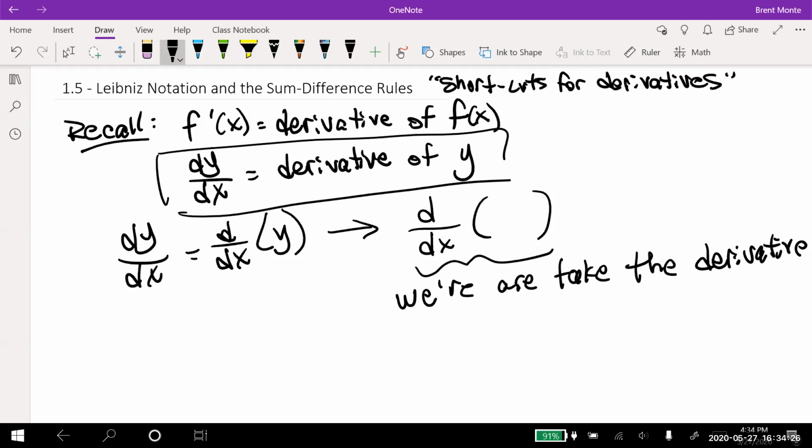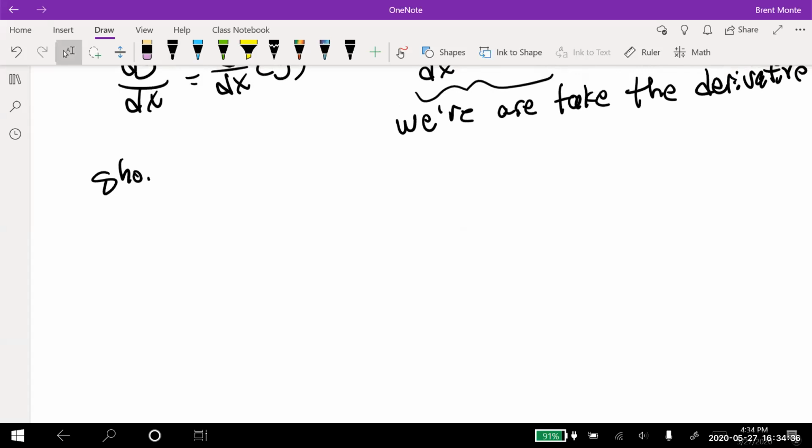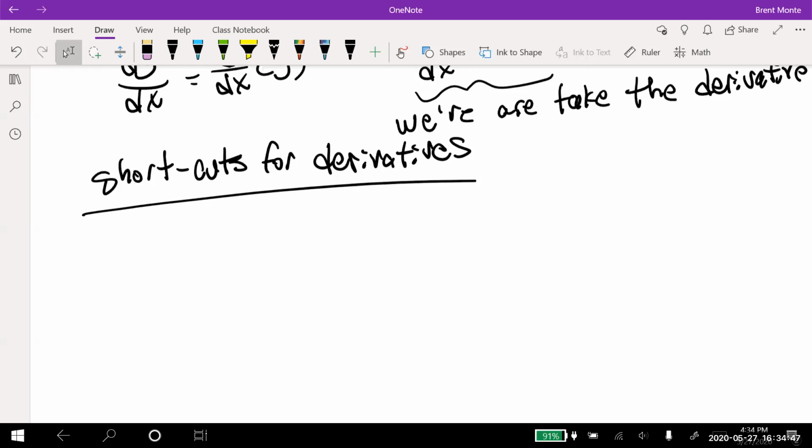In fact, I'm going to jump right in and show you the first shortcut rule. Now, shortcuts for derivatives. Remember, the derivative is the instantaneous rate of change.